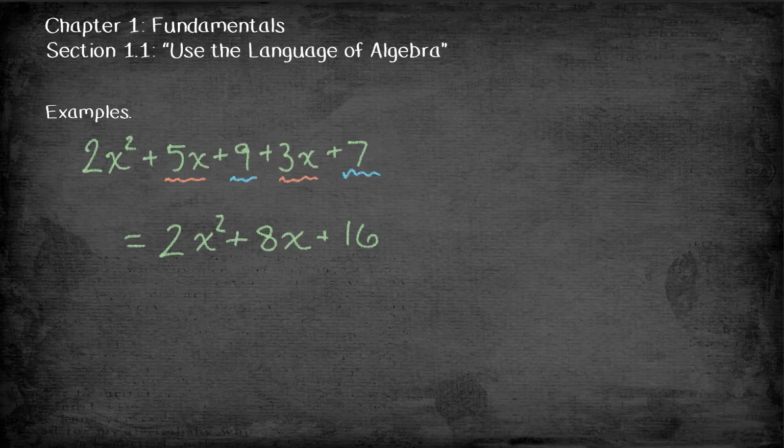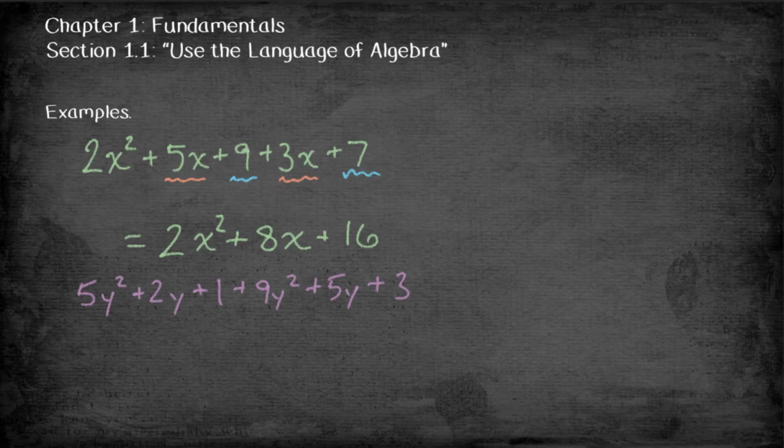And if we want to do another example, let's see. Let's look at 5y squared plus 2y plus 1 plus 9y squared plus 5y plus 3.